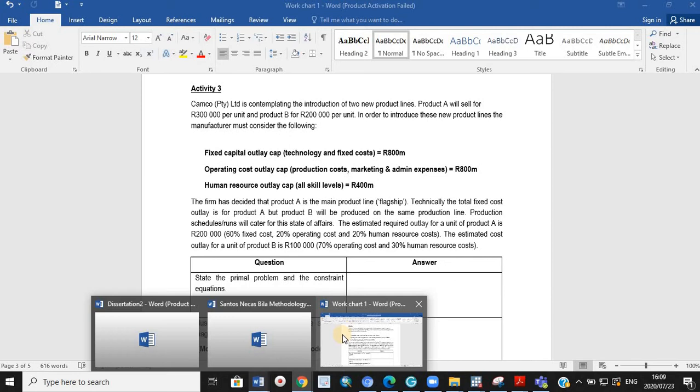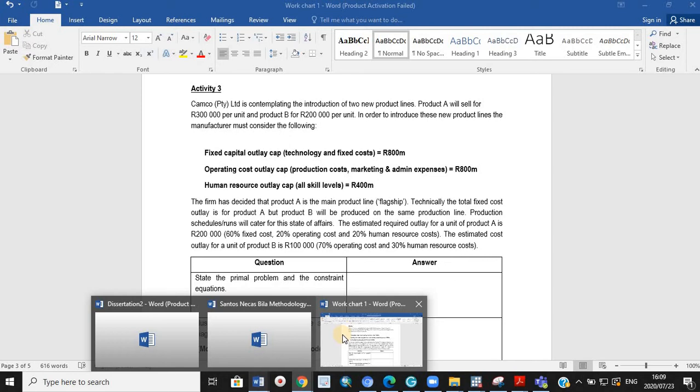It means that technically the total fixed cost outlay is for product A, all right? But product B will be produced on the same production line, right? Okay, let's move forward. Production schedules or runs will cater for these states of affairs.